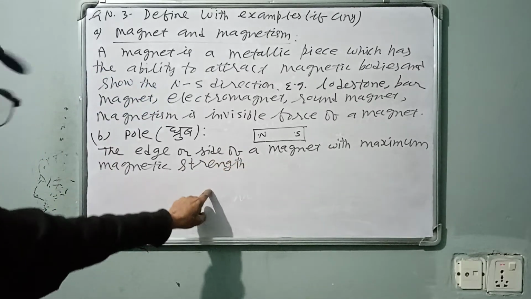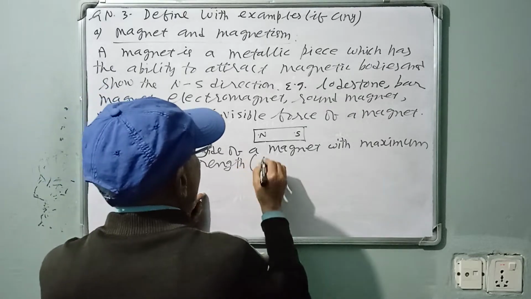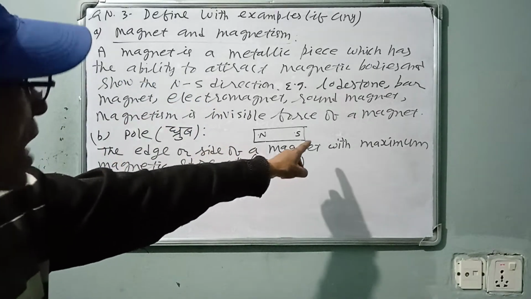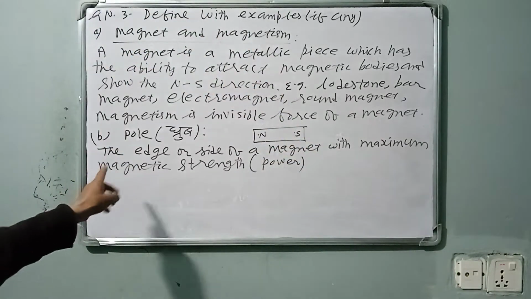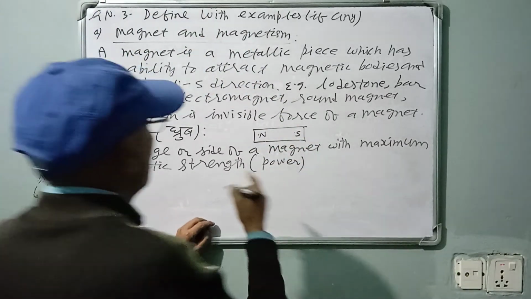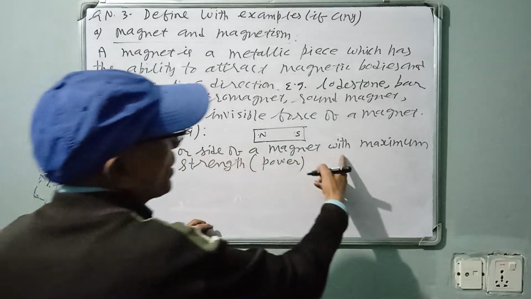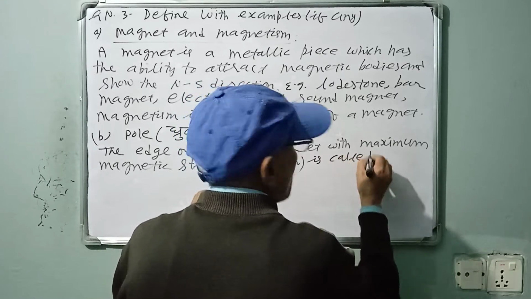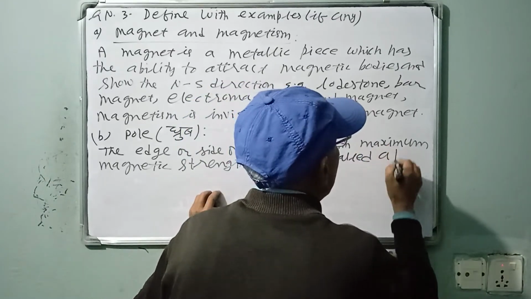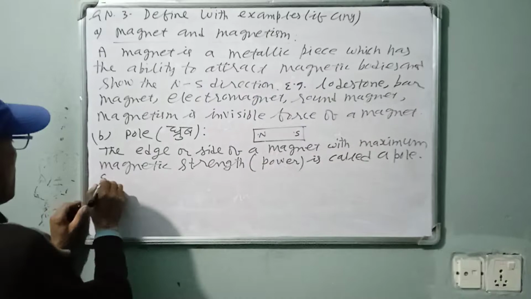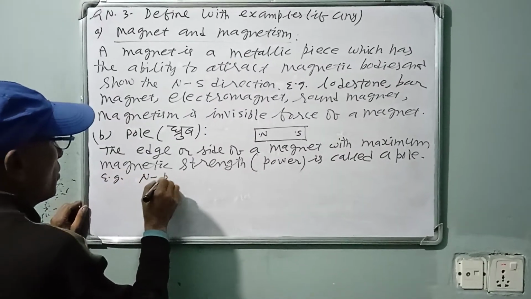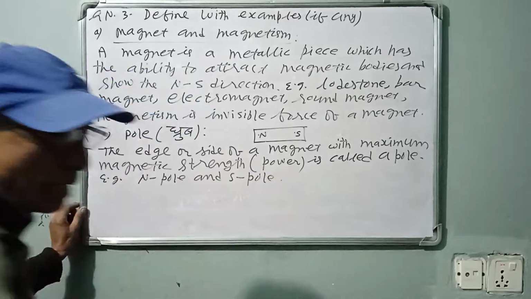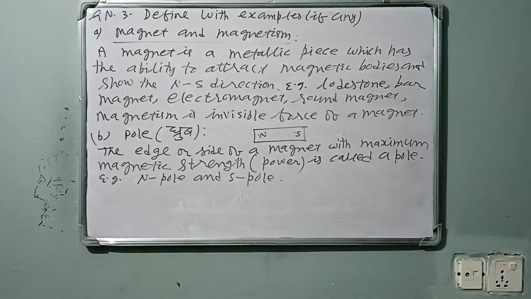If you are confused to write the word strength, you can write power as well. The edge or side of a magnet with maximum magnetic strength is called a pole. For example, North Pole and South Pole. Each and every magnet has two poles.